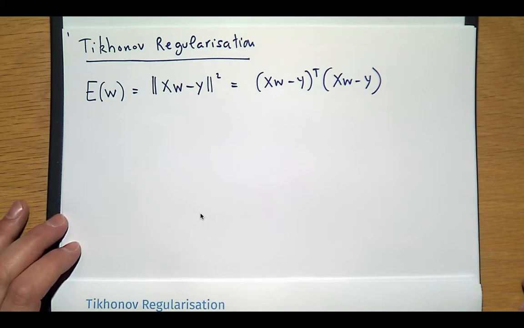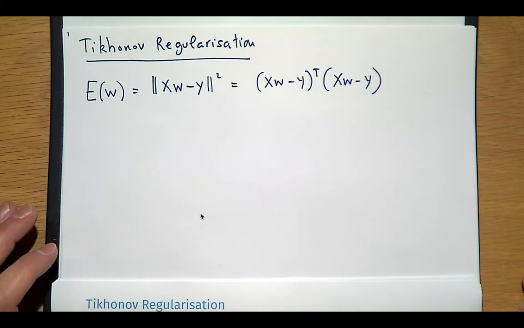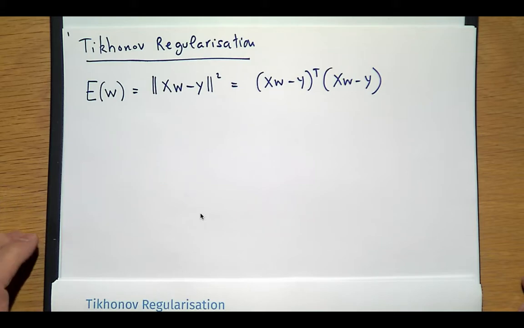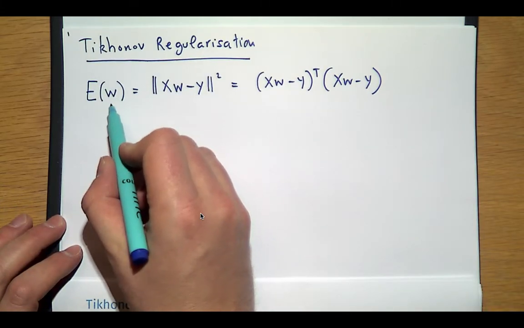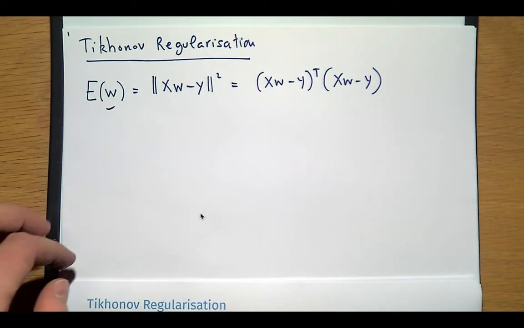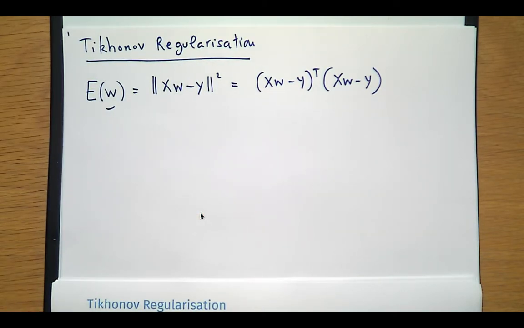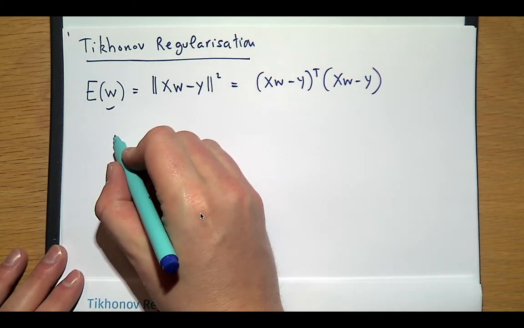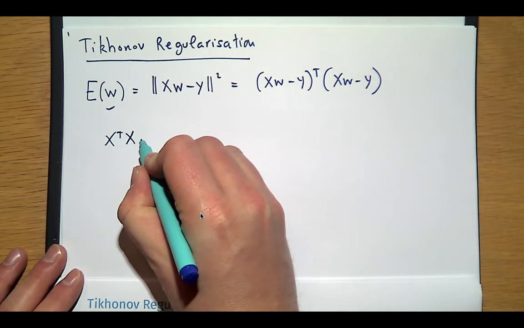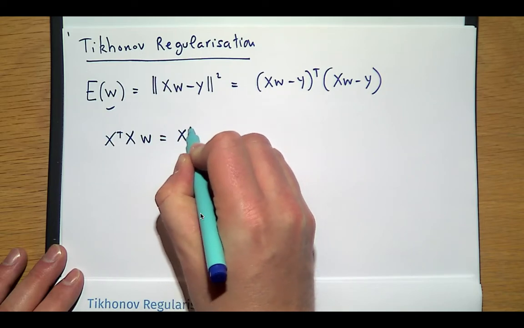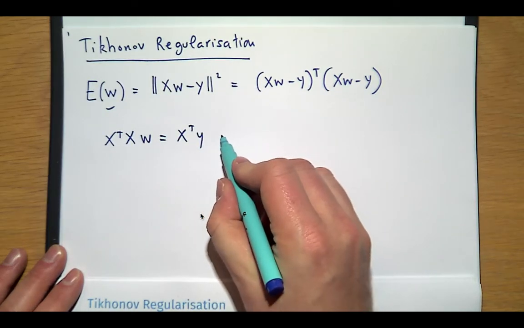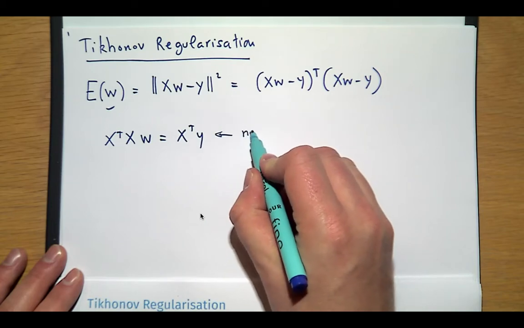So the Tikhonov regularization says that, okay, in some situations we have many solutions for W. And what happens in overfitting is that we didn't have any constraints on the linear system. So we had our matrix and the matrix inverse. So remember we had X transpose X times W equals X transpose Y. So these were the normal equations.